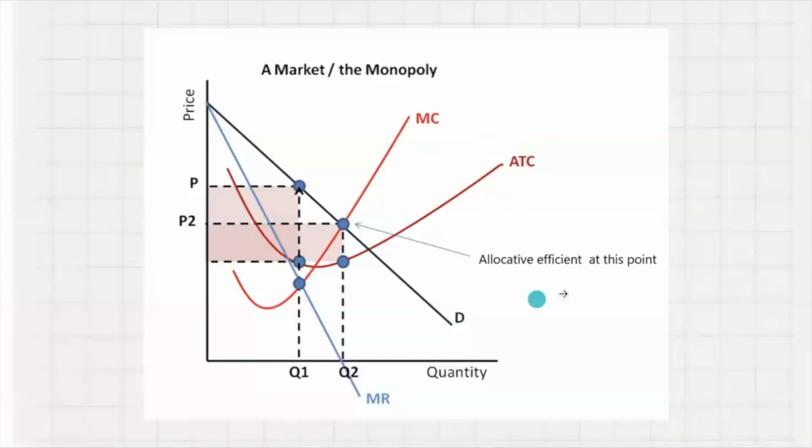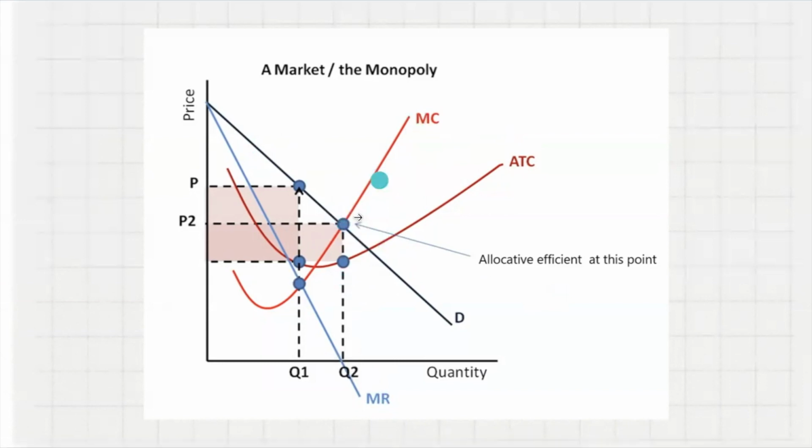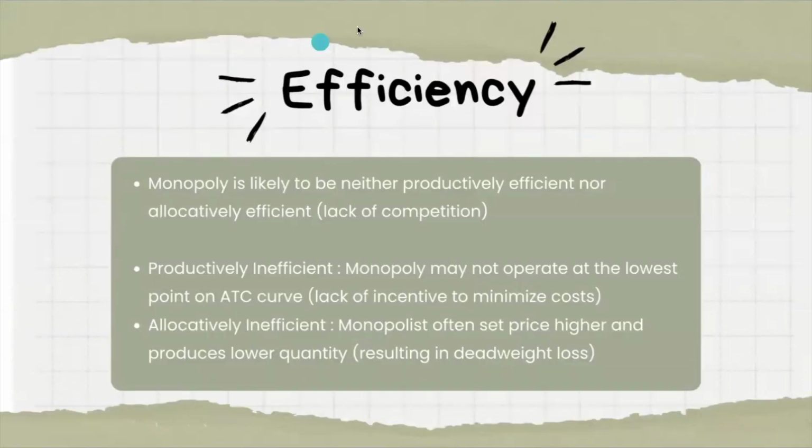And as you can see here, allocative efficiency is at demand or price, when demand or price crosses the marginal cost curve. So how efficient is a monopoly? A monopoly is neither productively efficient nor allocatively efficient due to a lack of competition.